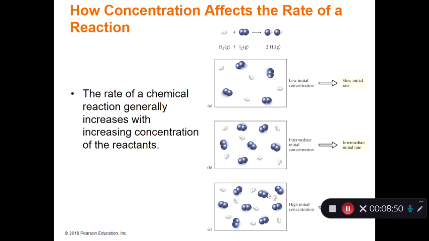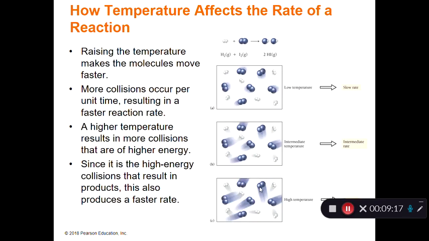Whenever we have more collisions, we are going to have a fast rate for our reactions. So if you increase concentration, you are going to get the result very fast. That is why when you work in the chemistry labs, we prefer to work with concentrated compounds, because we are going to get the result in a short period of time, or very fast.